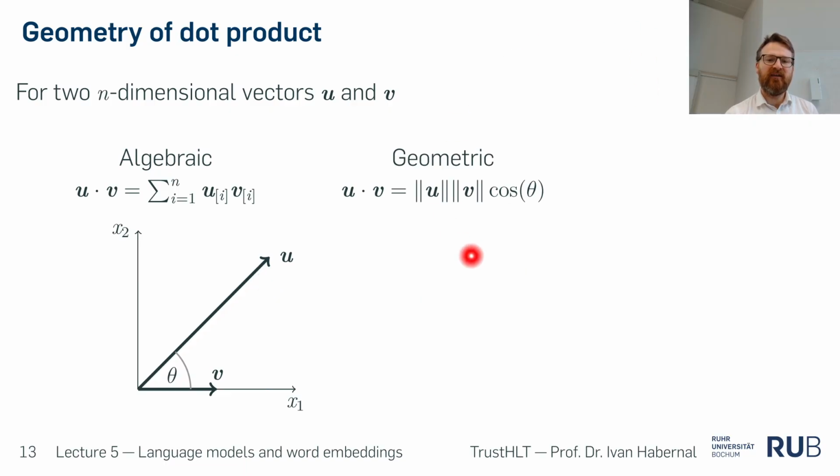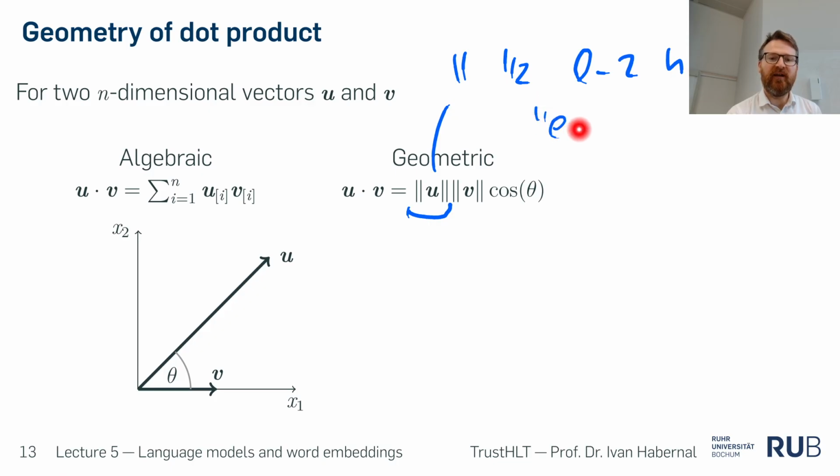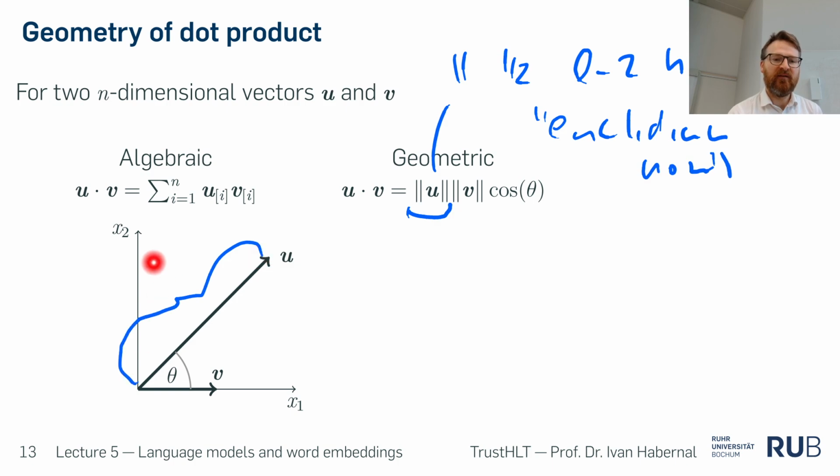So what is this thing, by the way? The length. This is the length. So this is the L2 norm, the Euclidean norm, aka the length of the vector u.